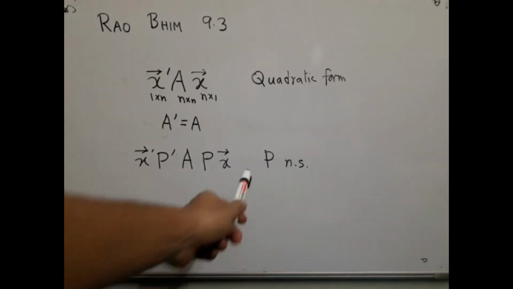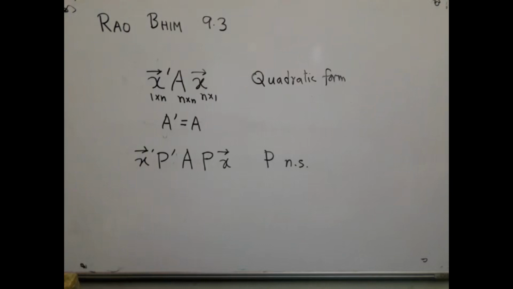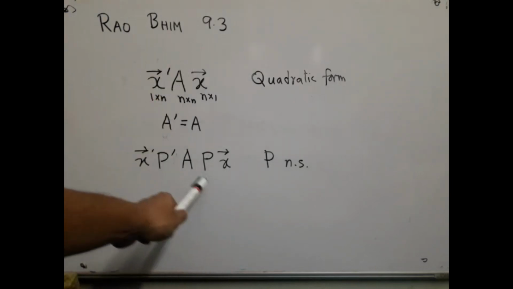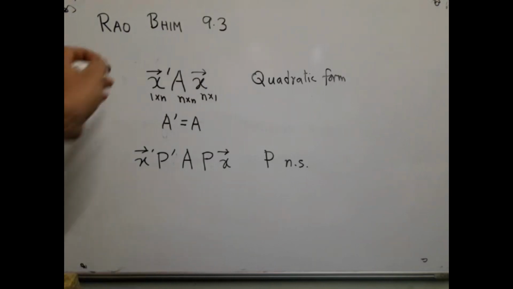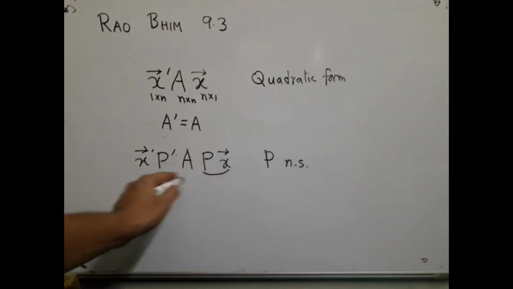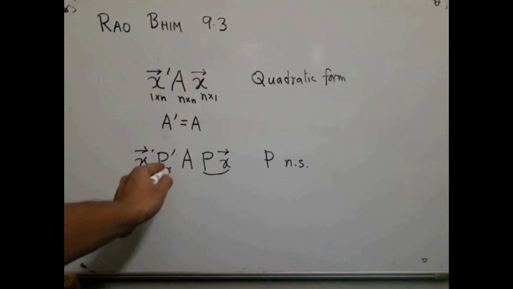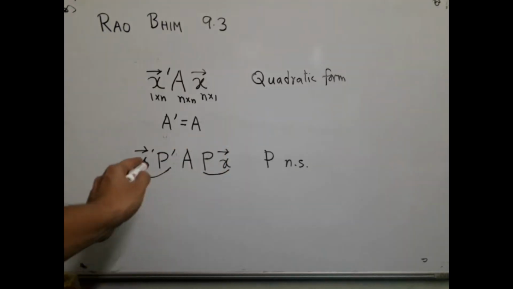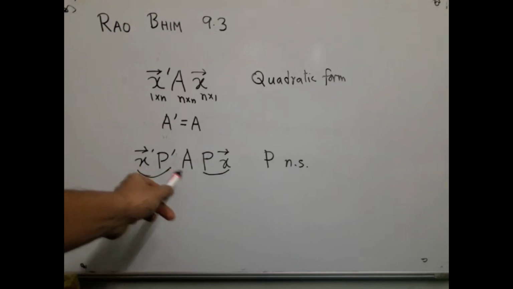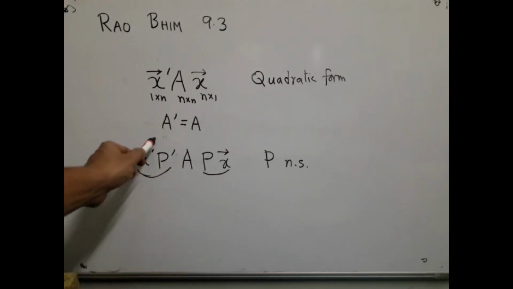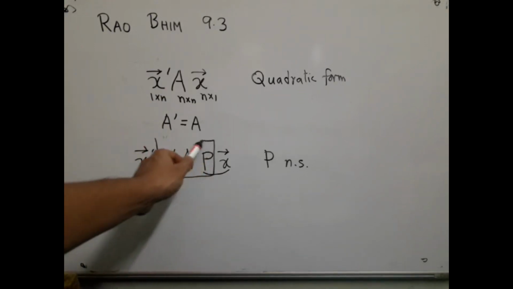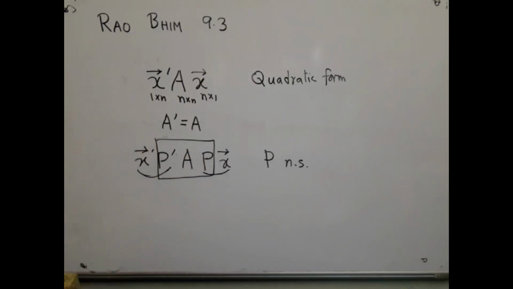If P is a non-singular matrix which represents a change of basis matrix, and I convert x to Px, in that case the same quadratic form now looks like x transpose P transpose, which is basically Px whole transpose, times my old A times Px. So now it is again a quadratic form where this matrix plays the role of the matrix for the quadratic form.